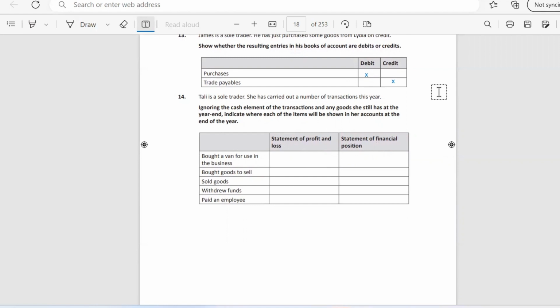So she has bought a van for use in the business, so it's the statement of financial position because it's a fixed asset. It will be used for more than 1 year. Bought goods to sell is the profit and loss statement. Sold goods is also the profit and loss statement. Withdrew funds is our statement of financial position, and paid an employee is the statement of profit and loss.